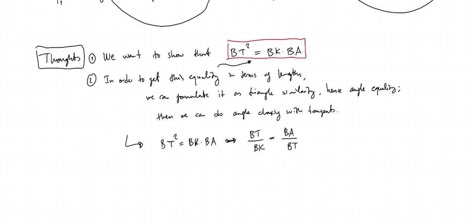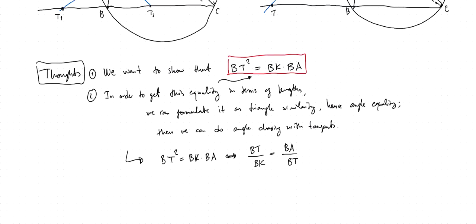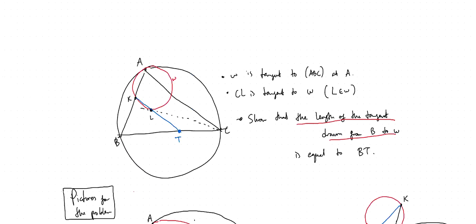But why did I think about writing it like that? As I said, I want to use the triangles BTK and BTA. I already decided that I want to use triangles with two vertices, B and T, and the third vertex something. And the most reasonable things in the figure are K and A, BTK and BTA.